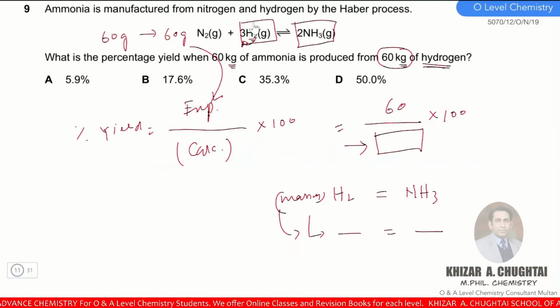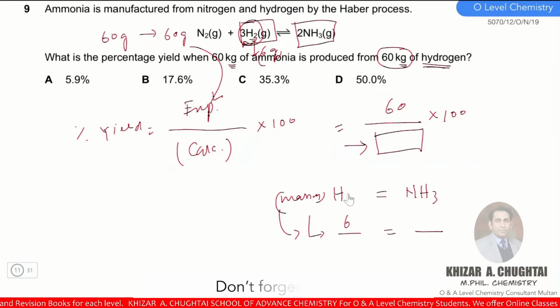The total hydrogen being used in this chemical equation is 6 gram. According to this balanced chemical equation, we are using 6 gram of hydrogen.